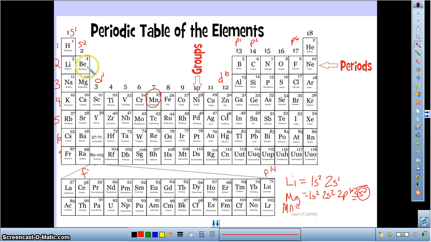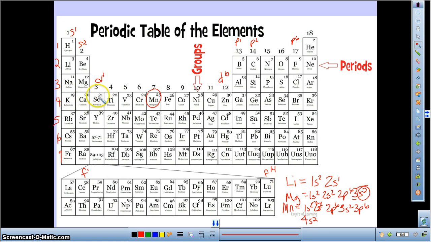We're going to cover the 2s2, then 2p6, 3s2, then 3p6. So we have 1s2, 2s2, 2p6, down to 3s2. We still haven't come across manganese yet. So we go to 3p6. And then we come down to the next one. There's 4s2.